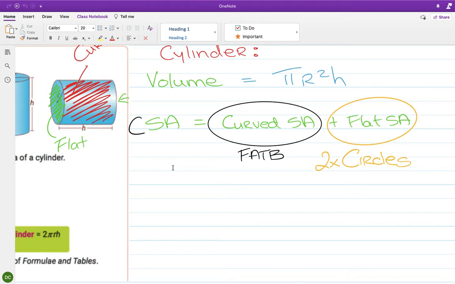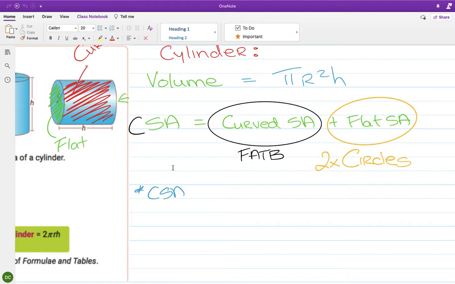Okay? And the curved surface area of a cylinder, right? Now, listen to me. The curved surface area of a cylinder is actually just a rectangle, okay?